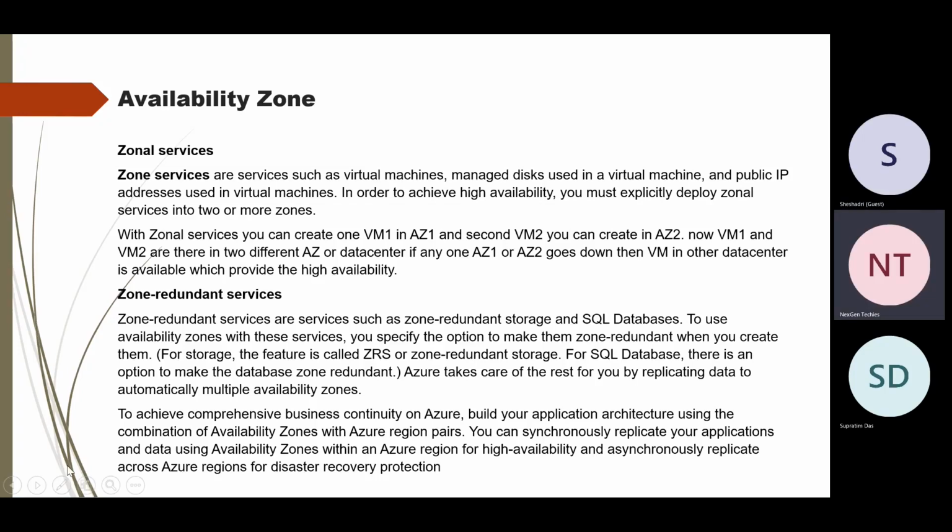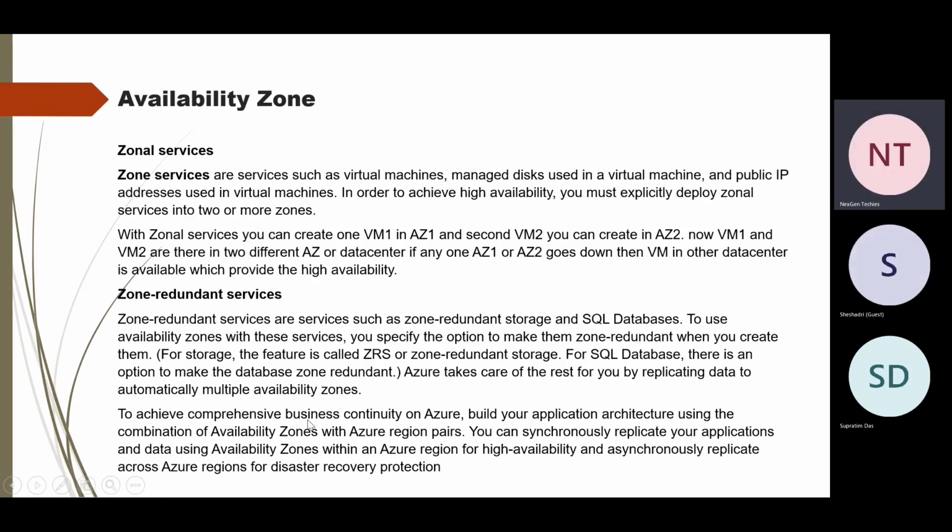So if you see here, to achieve comprehensive business continuity on Azure, and business continuity means HA and DR, build your application architecture using a combination of availability zones with Azure region pairs.